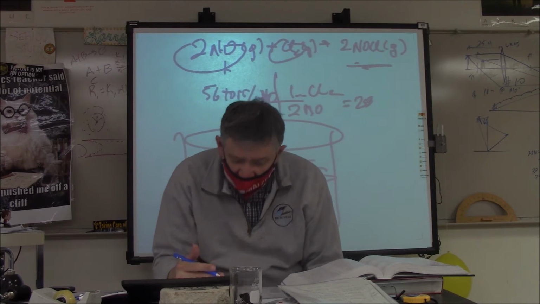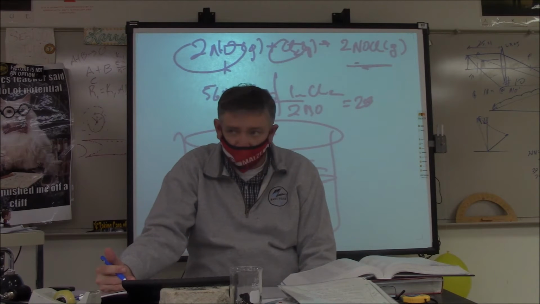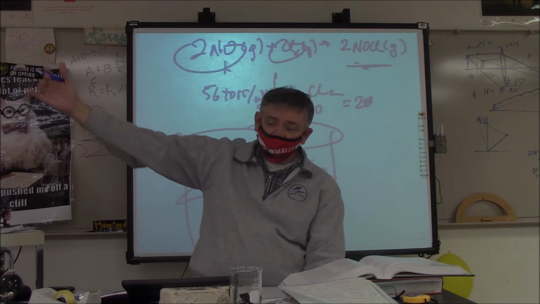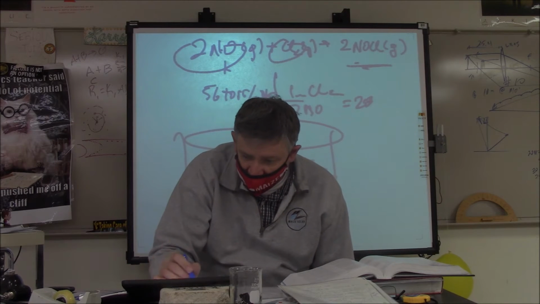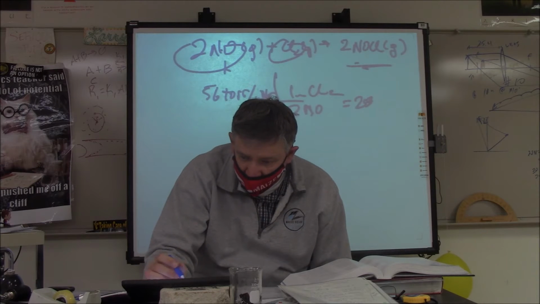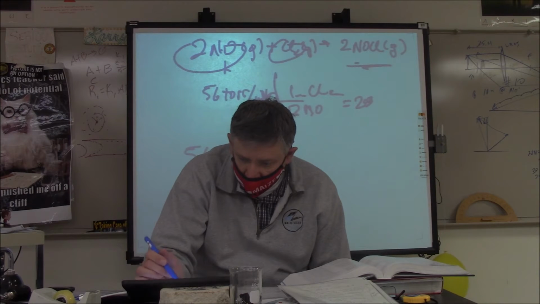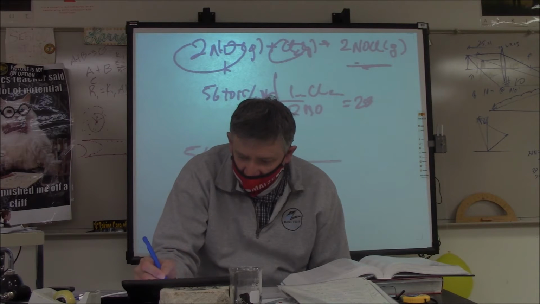Now, on the other side of it, what am I doing in terms of making NOCl? I'm making NOCl, right? Because of that same stoichiometry, if you've got 56 torr per minute of your NO, I can also figure out the rate at which I make NOCl, because that's a 1-to-1 ratio.